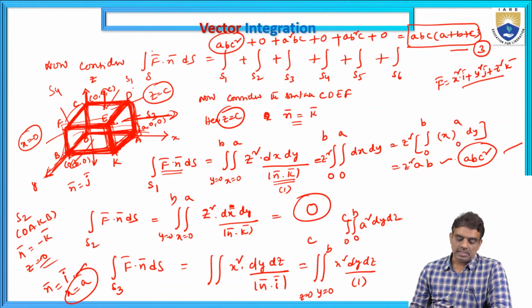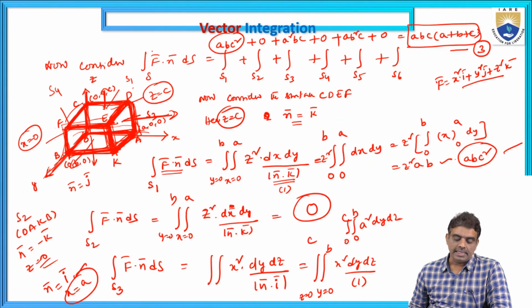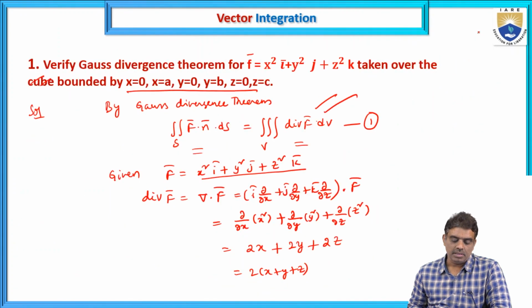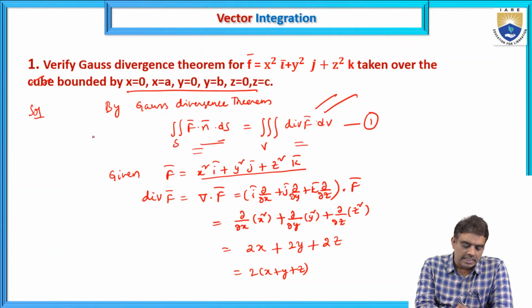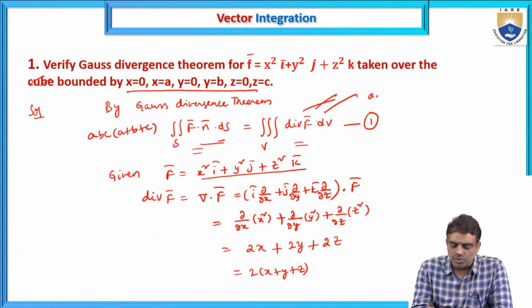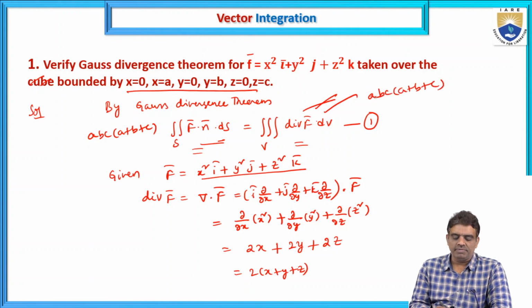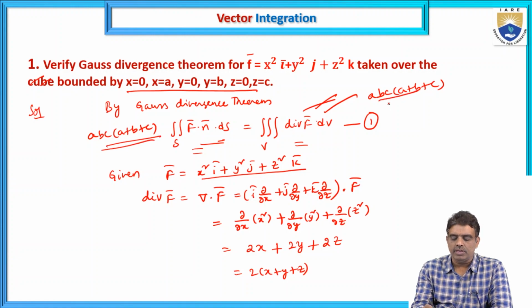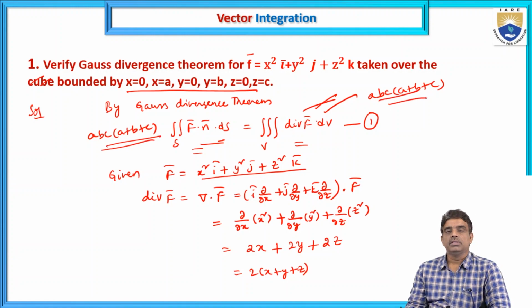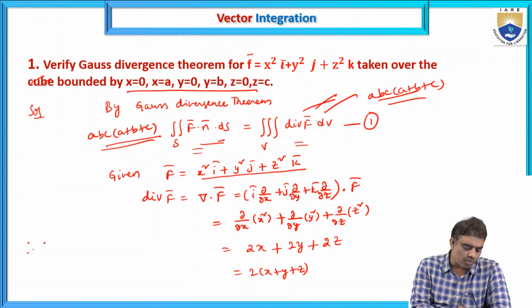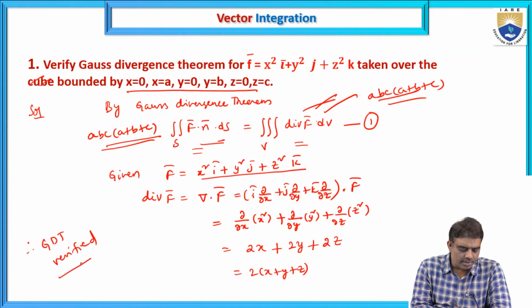That means the left hand side term and right hand side term are both the same. Left hand side value and right hand side value are equal. Therefore, the Gauss divergence theorem is verified.